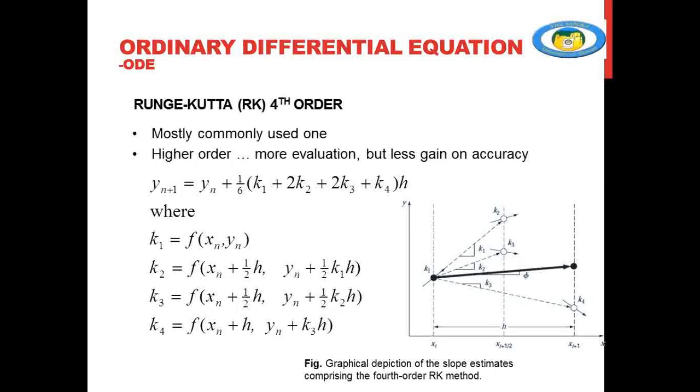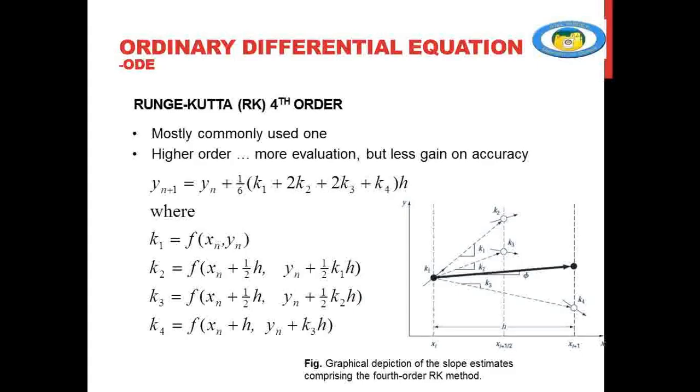Using this slope again, but starting from the same initial point, xn, yn, we're going to extend the line until we go halfway between xi and xi plus 1, but with a different slope. So this time, at that point where we strike, we are going to calculate the slope.